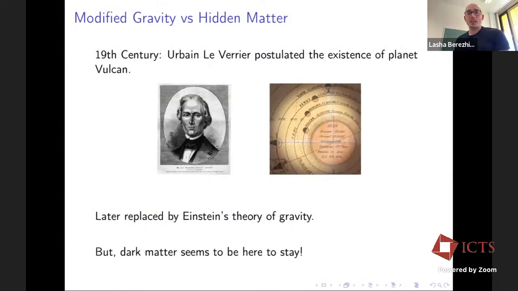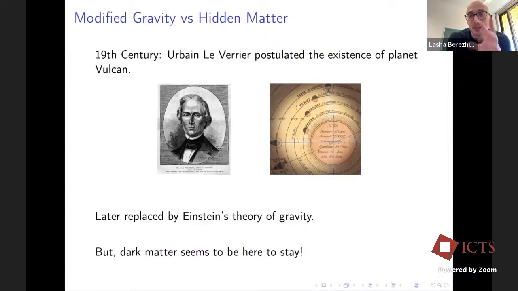Just as a fun historic fact, the battle between modified gravity and hidden matter is not new. One of the first appearances that I'm aware of goes back to the 19th century.